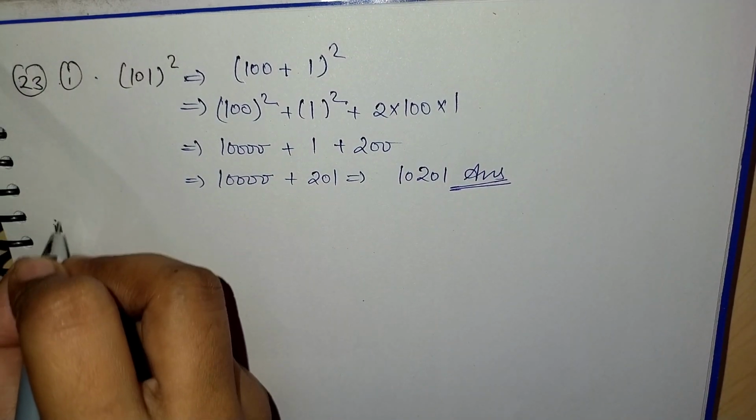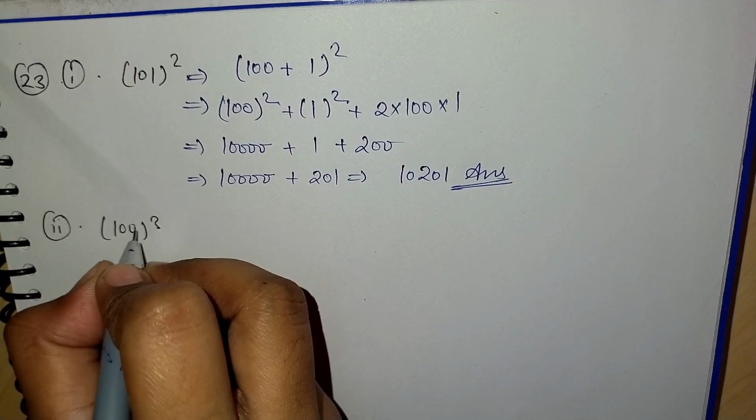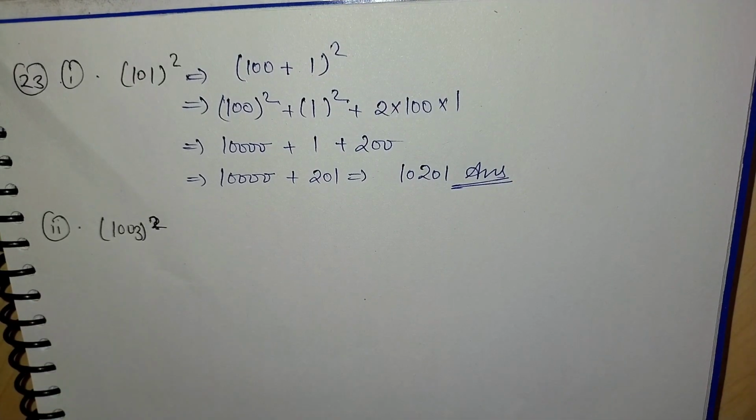Now the second part is 1003 whole square.